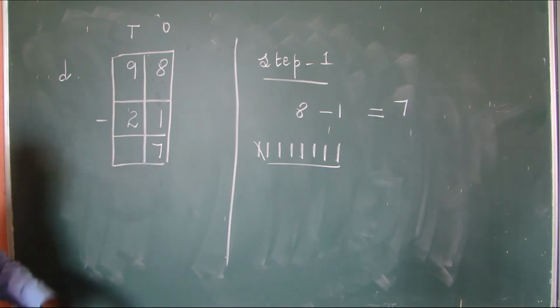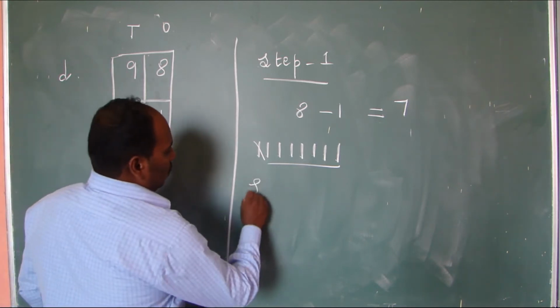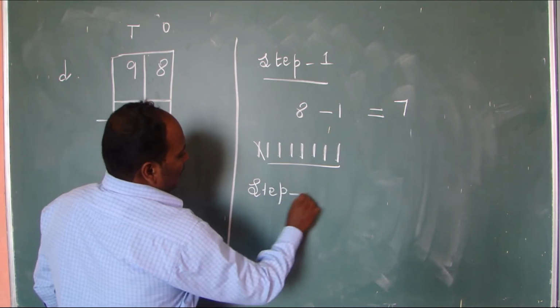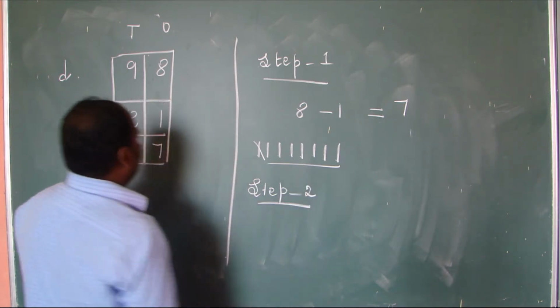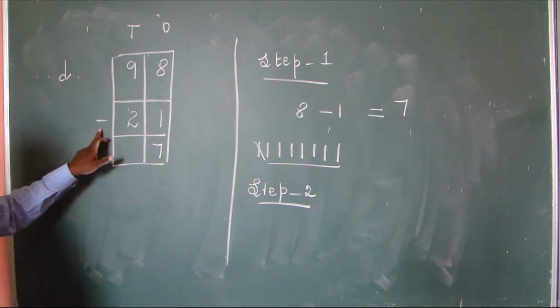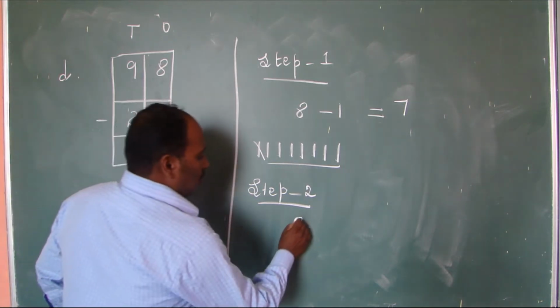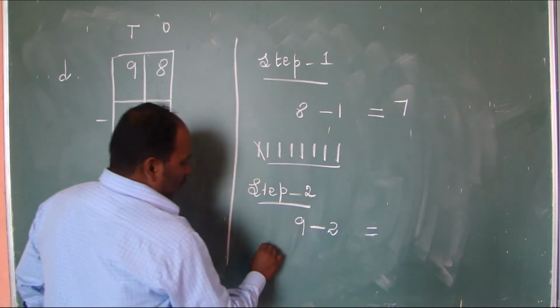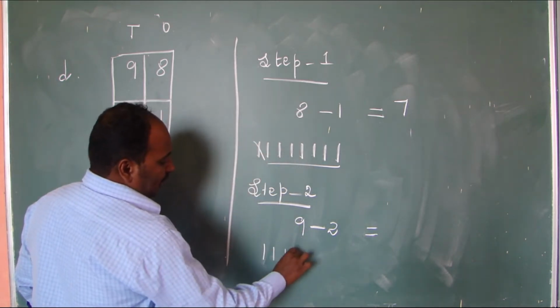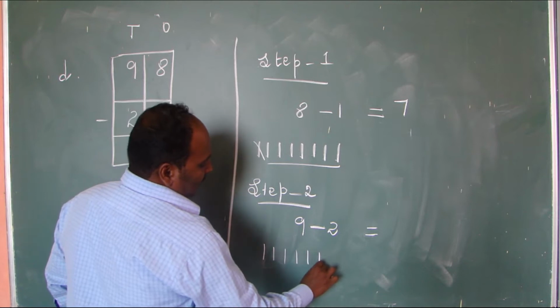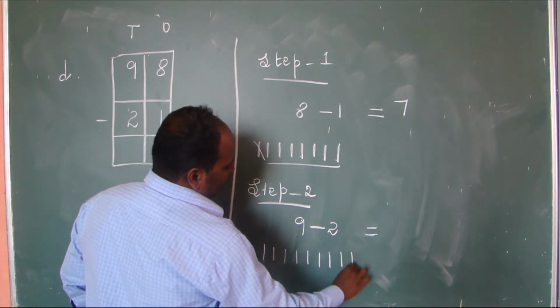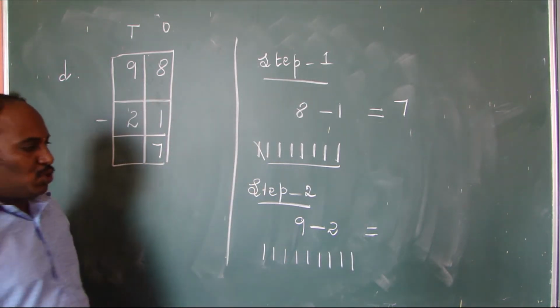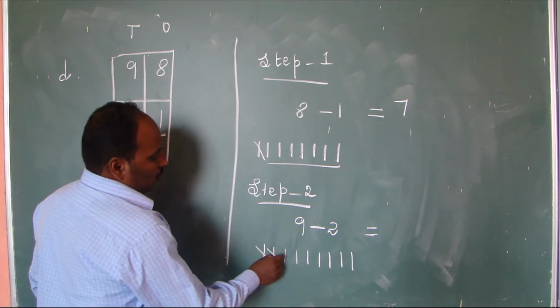Next one, 9 minus 2. We go to the tens place. Our tens place is 9 minus 2. 1, 2, 3, 4, 5, 6, 7, 8, 9. 2 lines cancel. 1, 2.